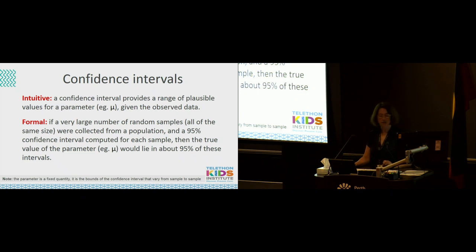So I would always switch to the intuitive one and just think this is a plausible value for the true population parameter, for the true population mean in this example.